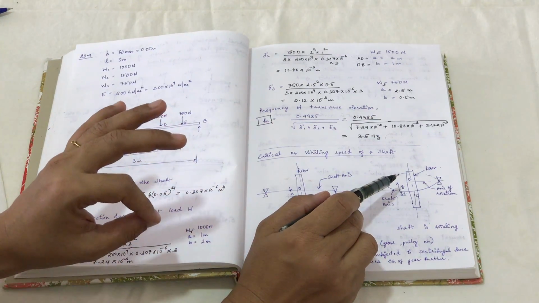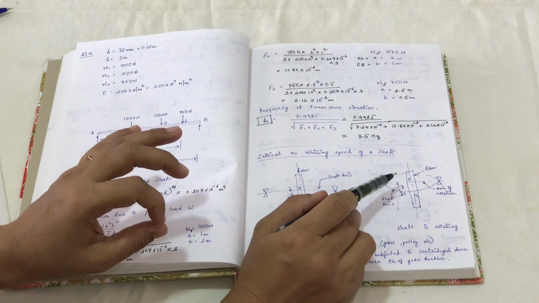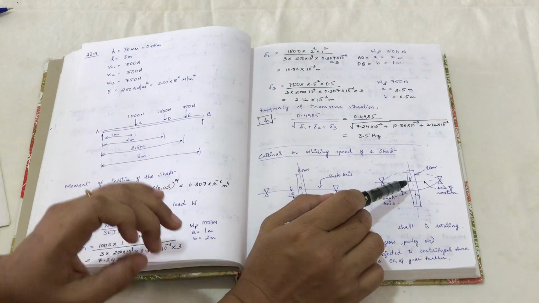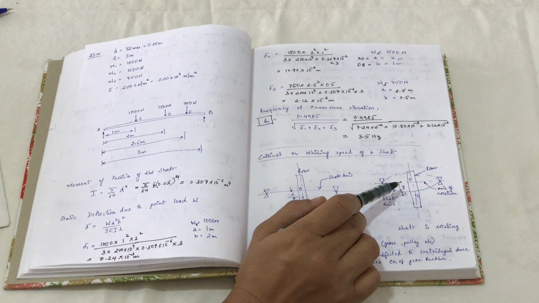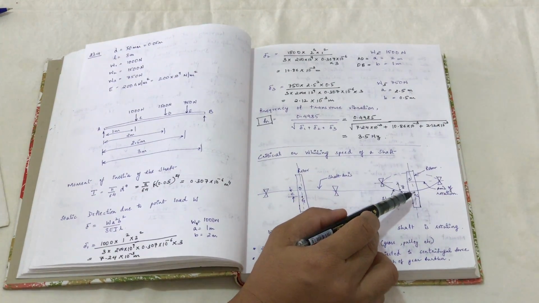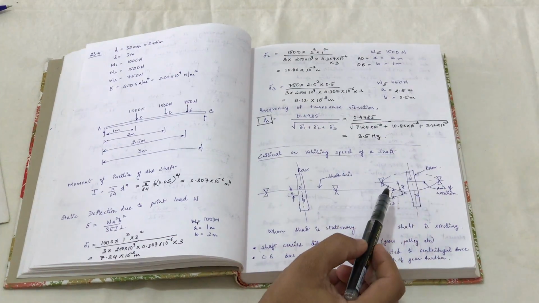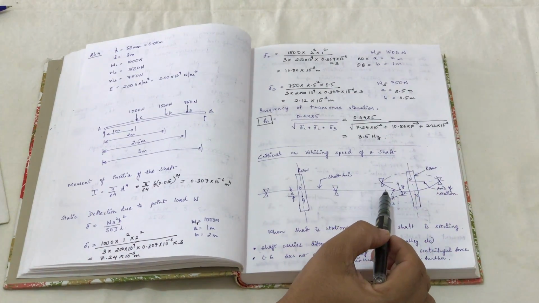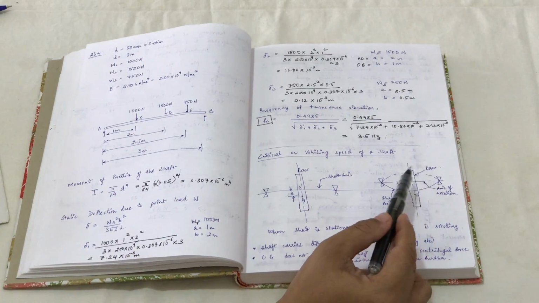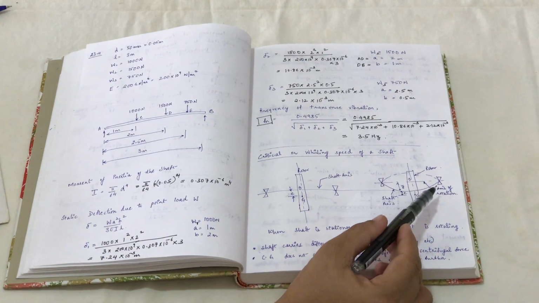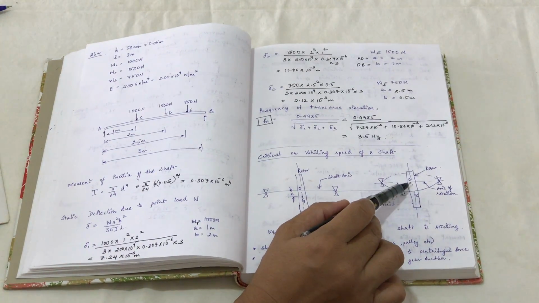It's really important to understand that the effect of the centrifugal force increases, and finally the shaft can break. So there is a speed at which additional deflection takes place from the axis of rotation.